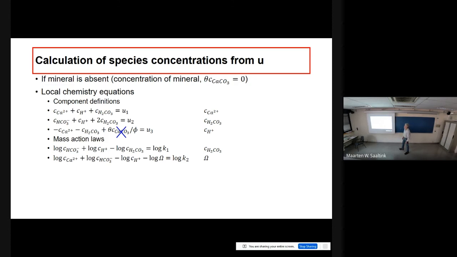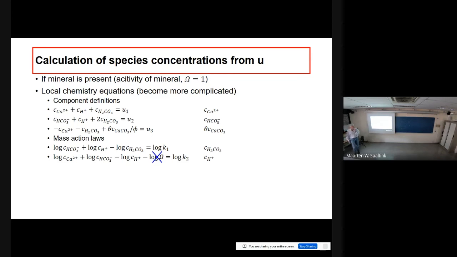And then, in theory, I have 5 variables, 5 concentrations that I have to solve with 5 equations. So in theory, we can do it. How we do it is another question, but we can do it. And if the mineral is present, it is the same, only now I have to calculate the calcium carbonate, and I don't have to calculate the omega.